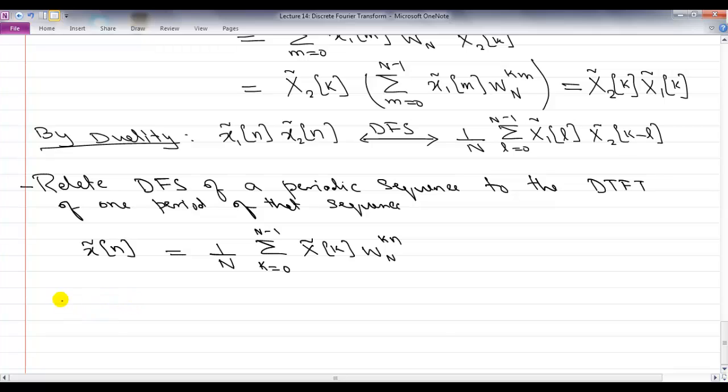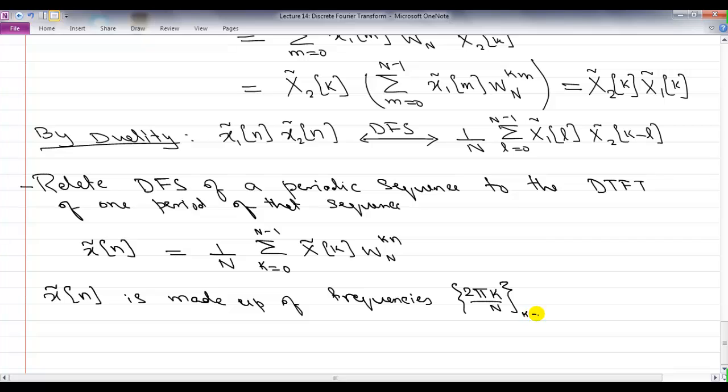Effectively, x tilde of n is made up of frequencies 2 pi k over N, where k goes from minus infinity to infinity. There are only N distinct frequencies, but I can think of x tilde of n as made up of all these frequencies going from minus infinity to infinity.